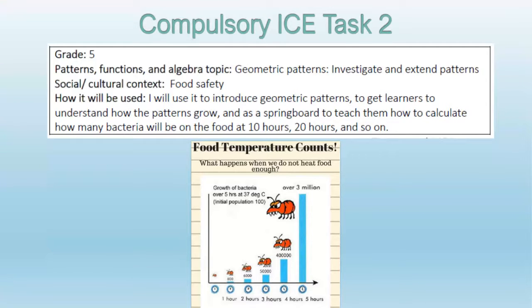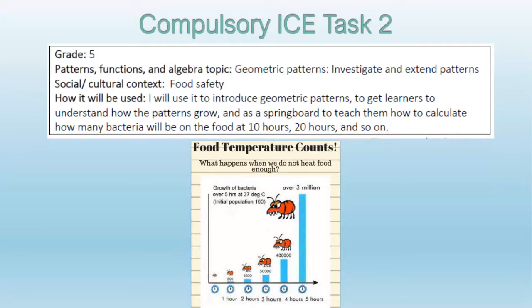Okay, so if you think of a pattern in geometry, think of a pattern that can repeat, or a pattern that can grow, or a pattern that will decrease, or a pattern that will increase. If you look at this poster here, or this example, this little bacteria is an example of a growing pattern. So it started as a little one and it grew bigger and bigger.